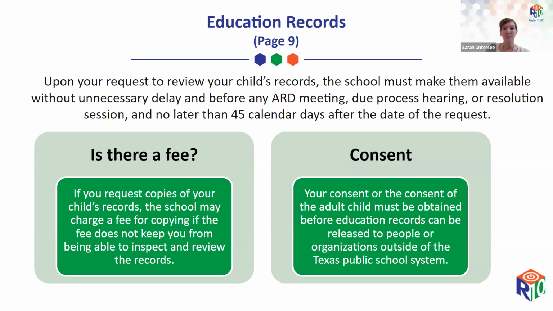If you request copies of your child's records, the school can charge a fee for copying those, as long as it does not prevent you from being able to inspect and review the records. Your consent or the consent of the adult child must be obtained before any education records can be released to people or organizations outside of the Texas public school system.